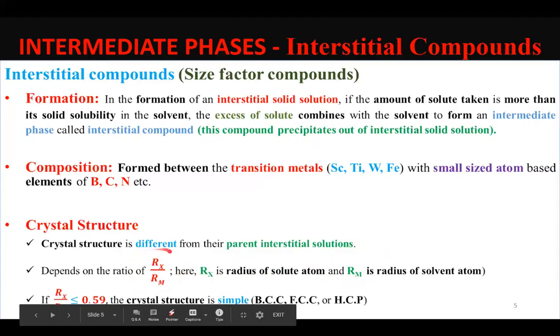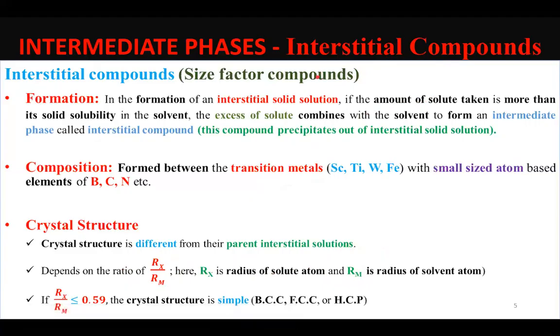It has been observed that if this ratio is less than or equal to 0.95, as I have listed in the last sub bullet point, the crystal structure must be simple. It can be body centered cubic, FCC, or HCP.